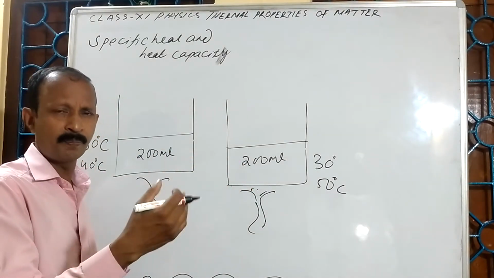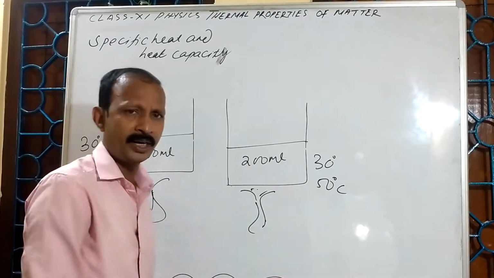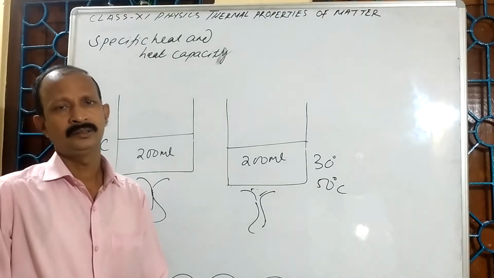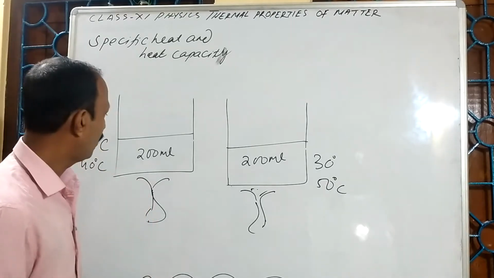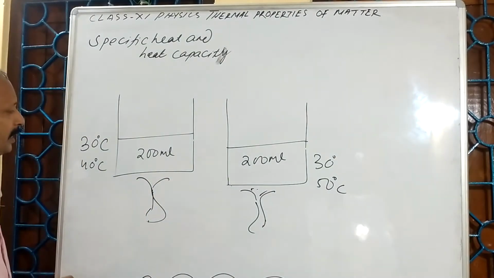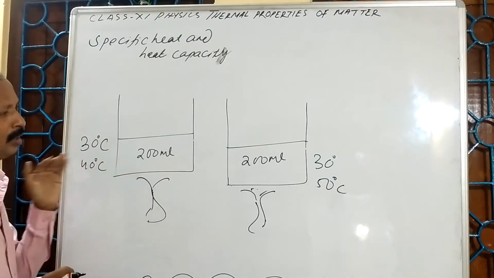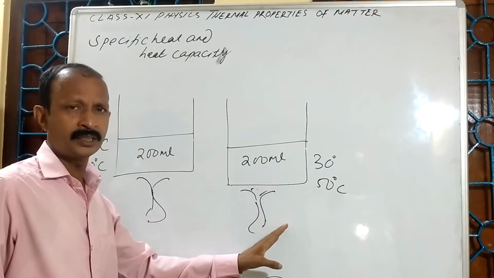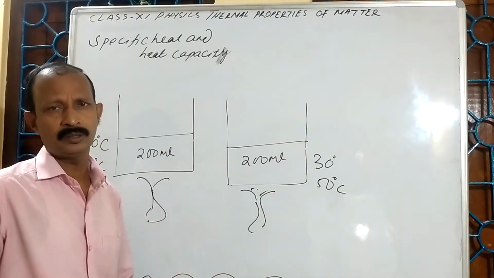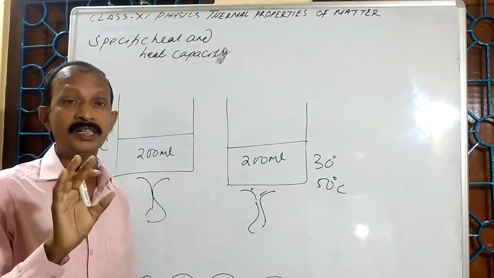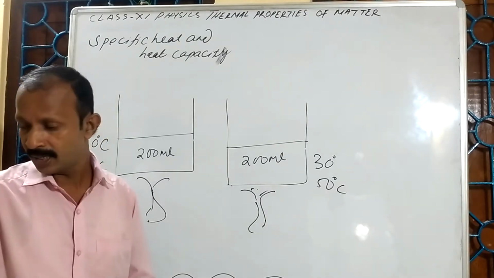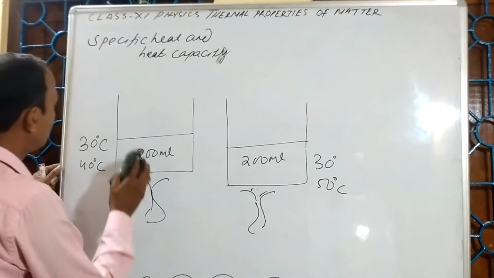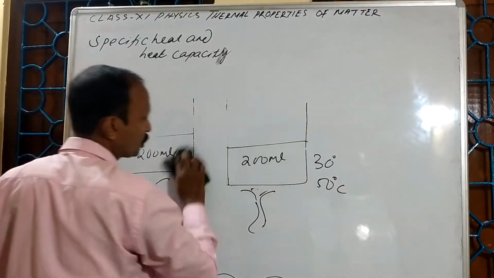Whenever you are supplying heat for more time, that means you are supplying more amount of heat. So I can say that heat is dependent upon the temperature. More amount of heat, more change in temperature. I am saying about the change in temperature. So I can say that quantity of heat is directly proportional to change in temperature.